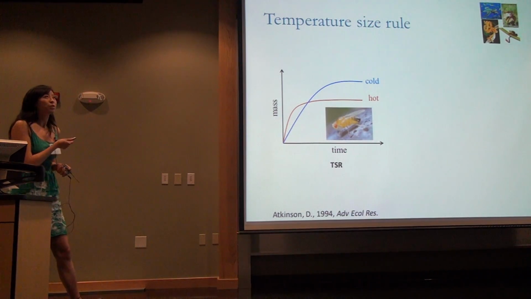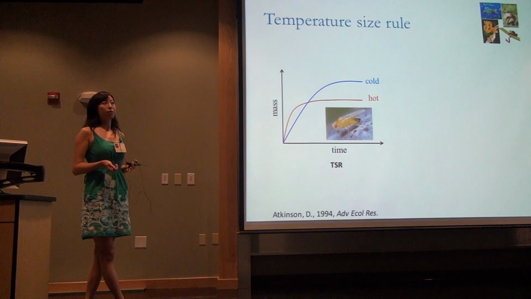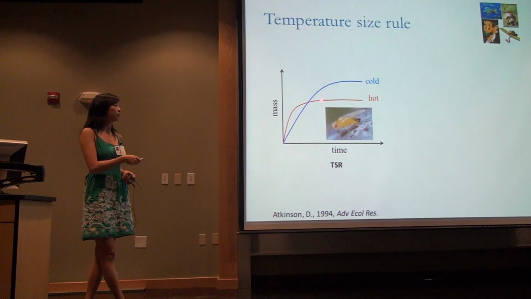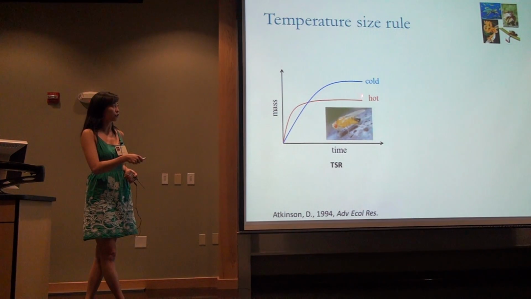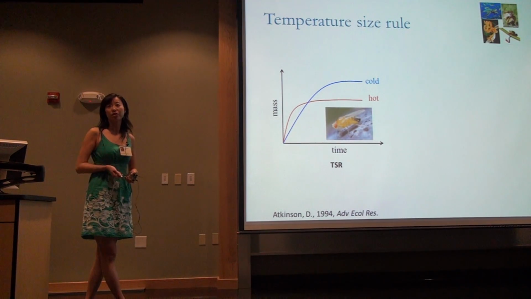From the empirical data, we see the majority of the ectotherms actually follow this pattern, in which they grow faster in the hot temperature, mature early, but end up at a smaller size. People call that the temperature size rule.